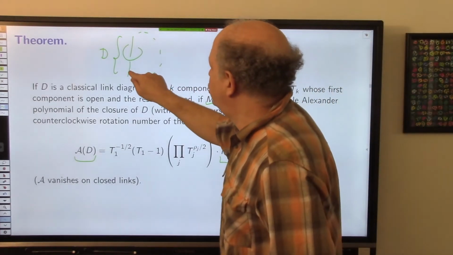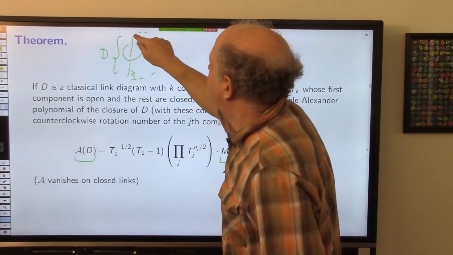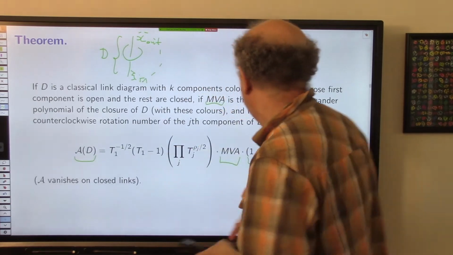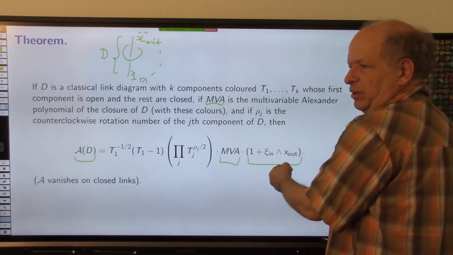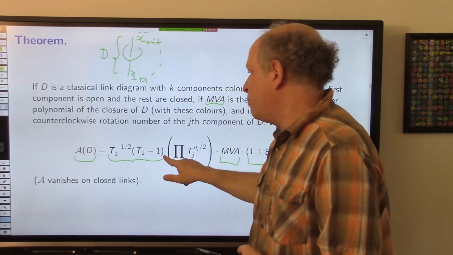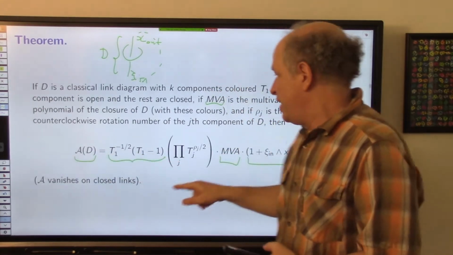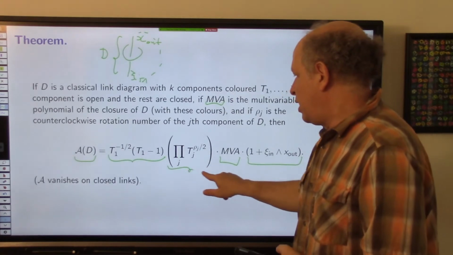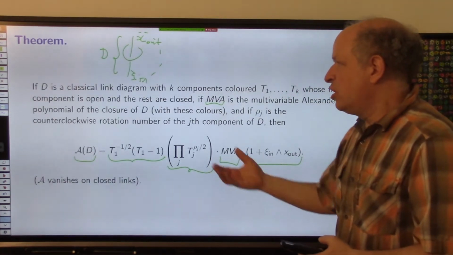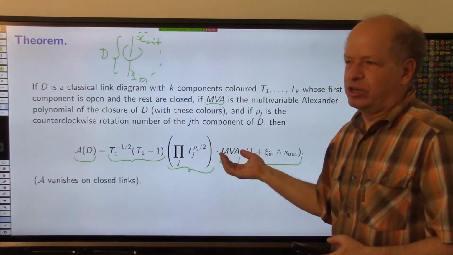Basically this should be labeled by some Greek letter, this by some Latin letter, x in and x out, and you get this factor. Then some fixed polynomial, no big deal. And finally some monomial that depends only on the rotation numbers of the components.